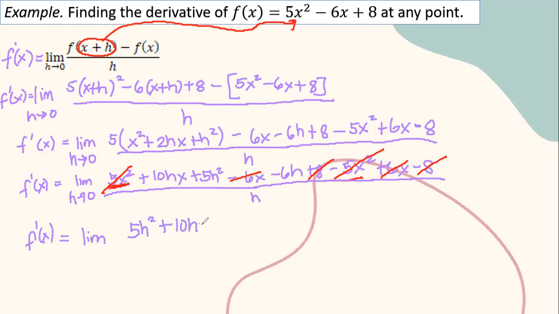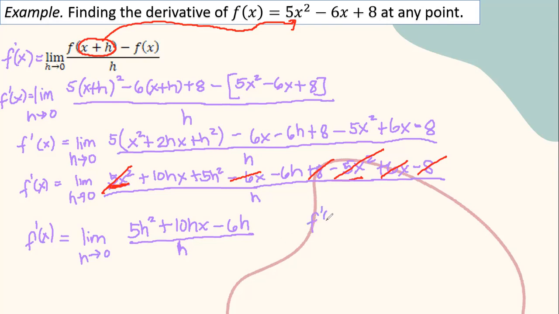plus 10hx and then minus 6h all over h, as h approaches 0. Okay? So we will factor out the h para ma-cancel yung h sa denominator.